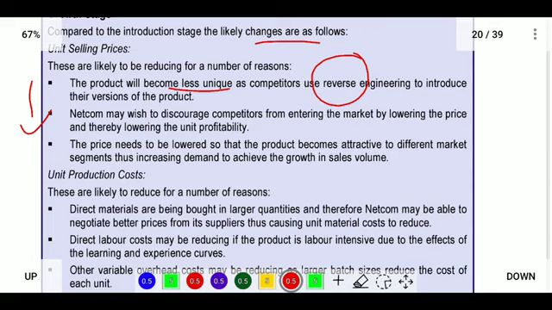Next, Netcom may wish to discourage competitors from entering the market by lowering the prices. So we will go for lower price. First we will introduce it at a high value, and when the competitors come, then the price will go lower.